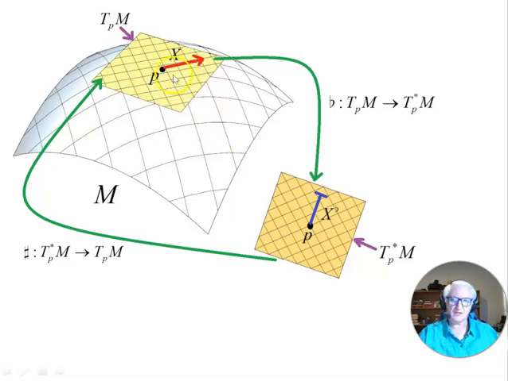And likewise, since P is arbitrary, we could be talking about the tangent bundle to the manifold and the cotangent bundle to the manifold. And this sharp operator raising differential one forms in the cotangent bundle to the manifold, raising them up to the tangent bundle to the manifold.